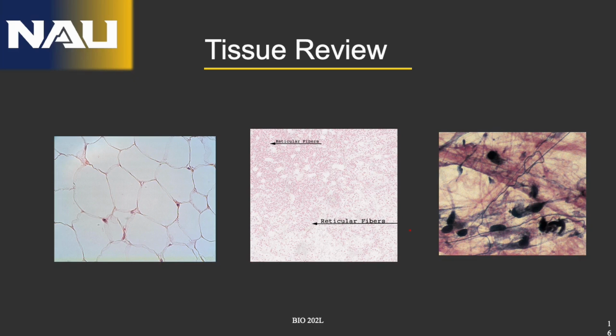It appears as composed of tightly packaged adipocytes, and it appears large, white, round, surrounded with loose connective tissue. So, I gave you a big hint there. It's adipose connective tissue.